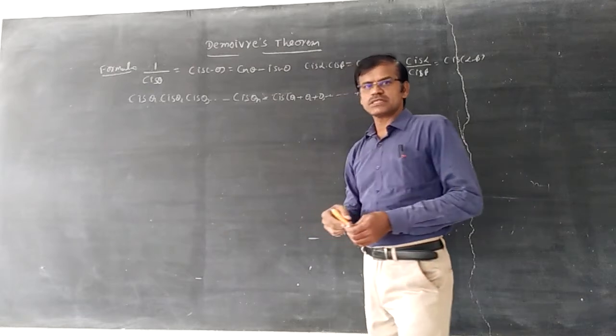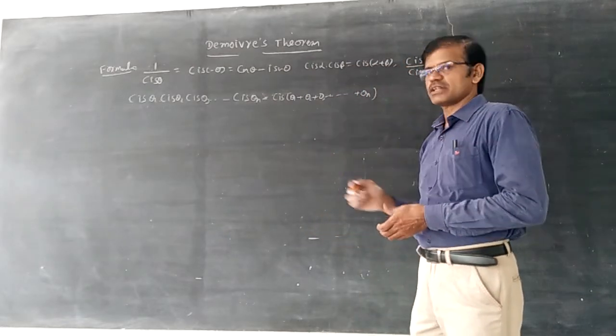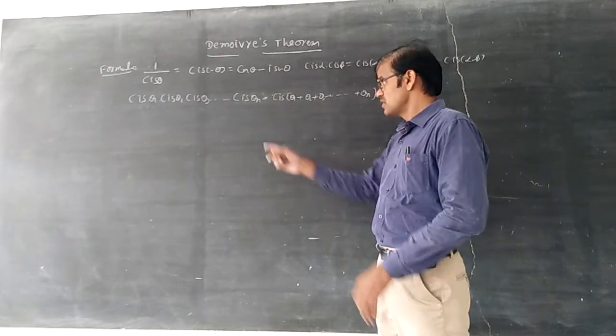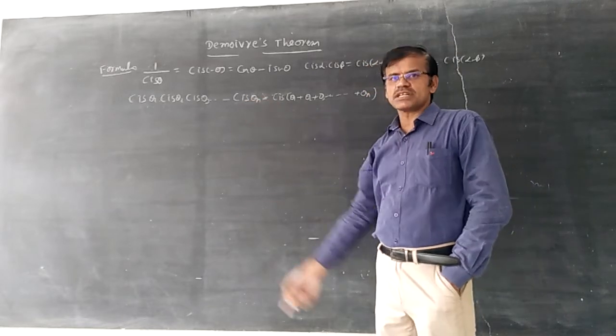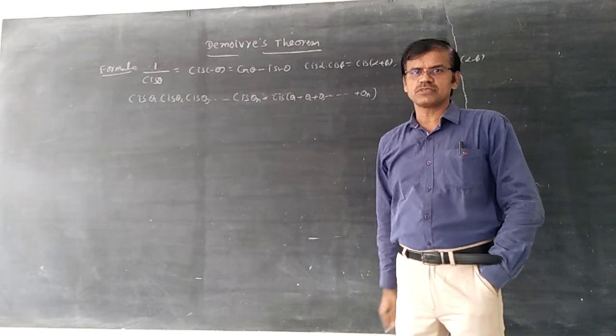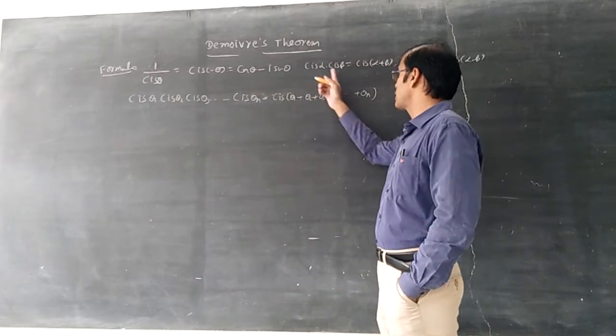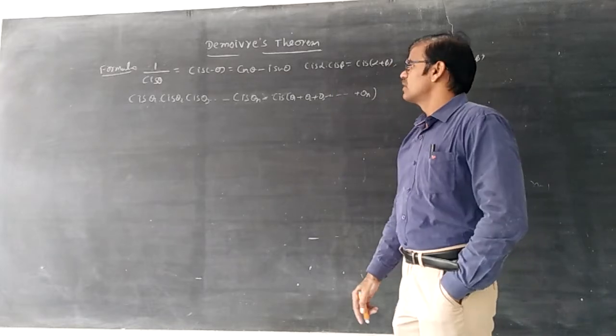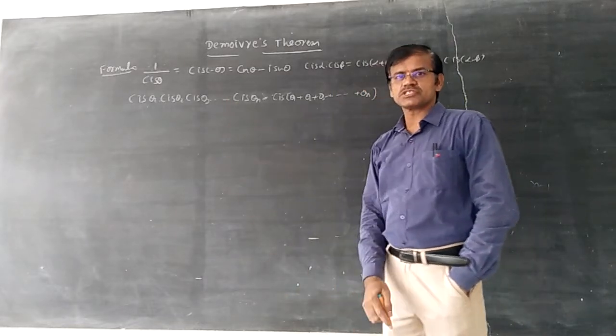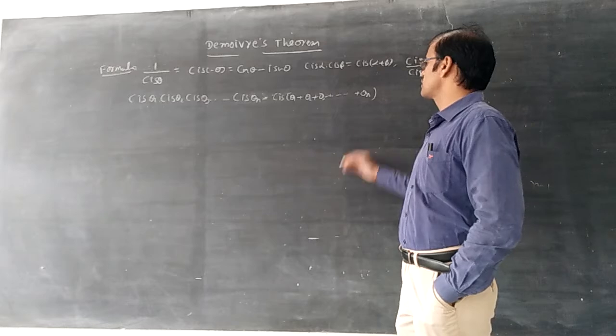According to the logarithm concept, whenever there is a multiplication we should write plus, and whenever there is a division we should write minus. In multiplication there are plenty of cis theta 1, theta 2 chances, but in division there are not that many chances, simply one. We have written cis alpha by cis beta is equal to cis of alpha minus beta, and cis theta 1 cis theta 2 and so on is equal to cis of theta 1 plus theta 2 plus and so on.